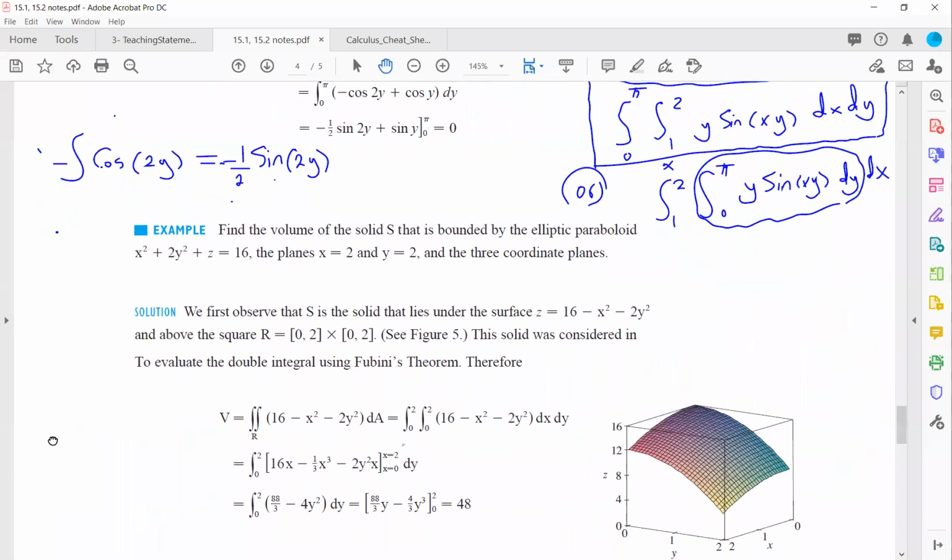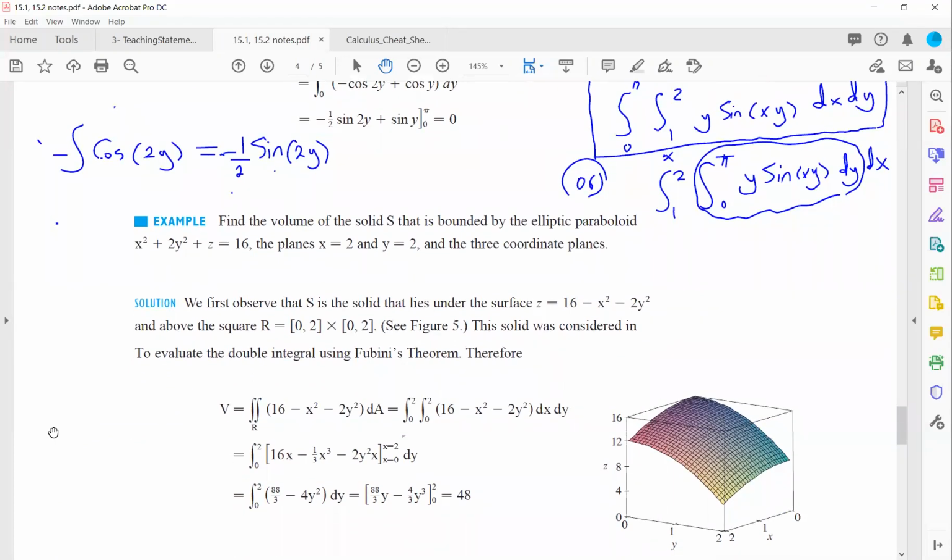Let us take a look at the object here. What are we dealing with? Our function f of x and y, a function in 2 variables, is 16 minus x squared minus 2y squared.